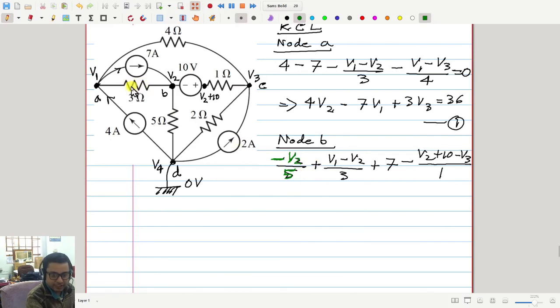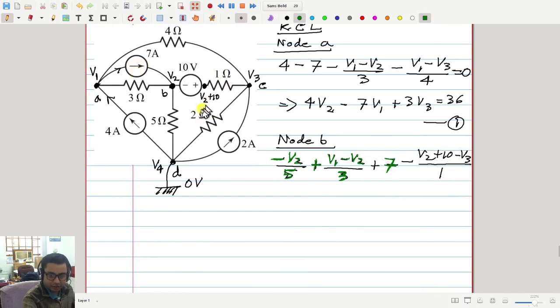Through this, (V1 minus V2) divided by 3 ohm, this much current is coming in, so plus. Then through this 7 ampere current source, 7 ampere current is coming in.